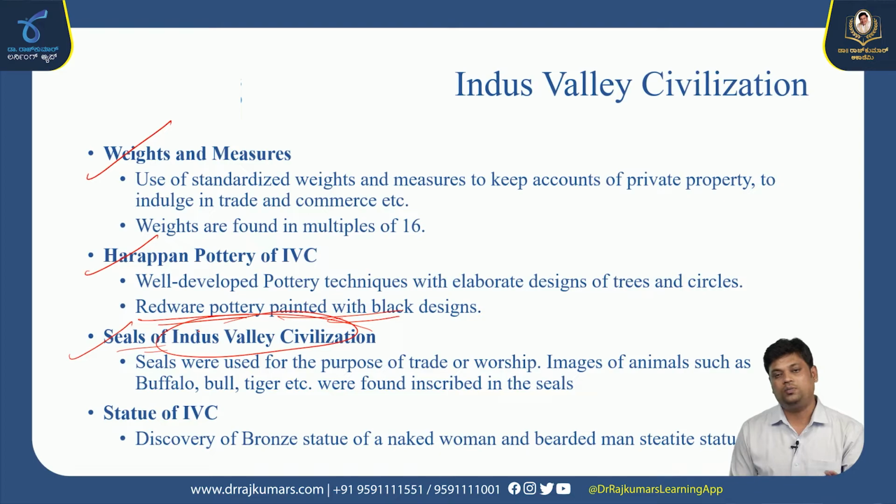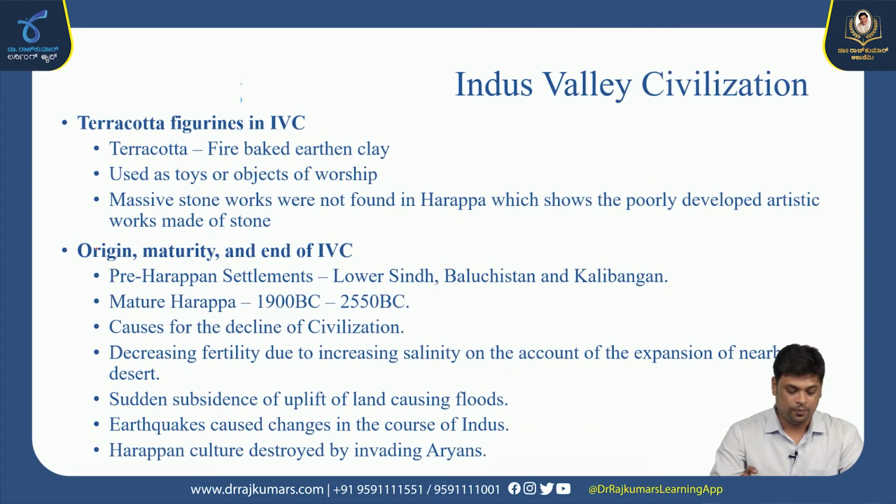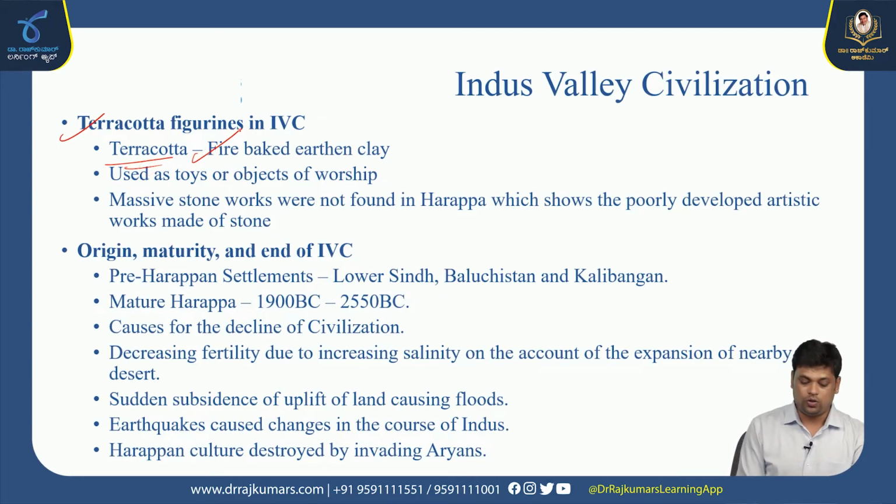More than 2000 seals were found in the Indus Valley. Statues of the IVC include the bronze statue of a naked woman, and a bearded man statue was also found. Terracotta is fire-baked earthen clay used for making toys in the Indus Valley, and also as objects of worship.